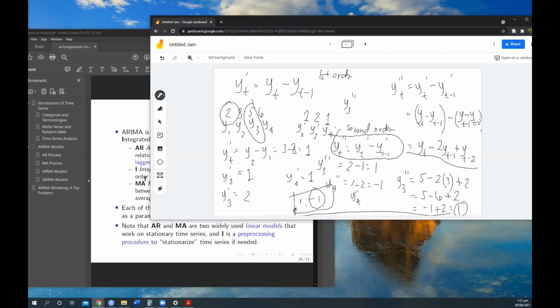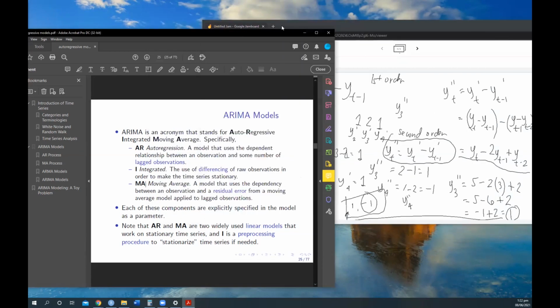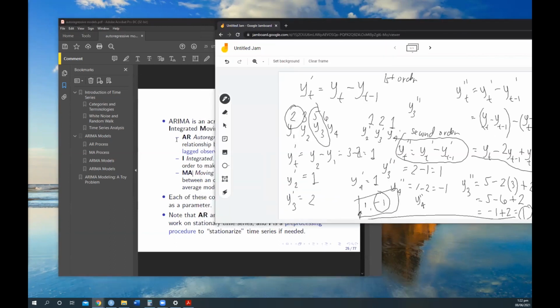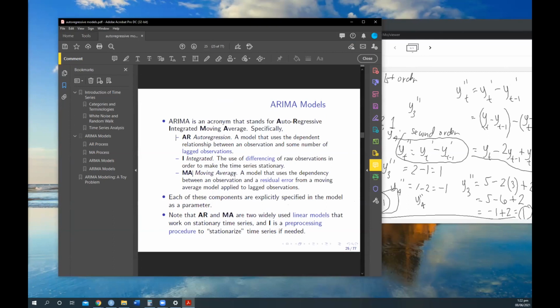So that is actually the idea of differencing. Okay, so it's integrated because you are going to use differencing of the raw observation, in order to make the time series stationary. So usually, if you apply differencing, you make the time series stationary.